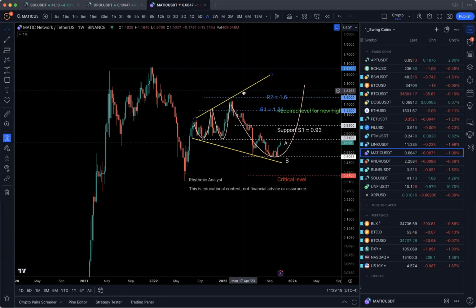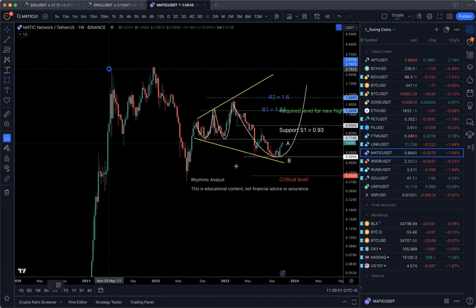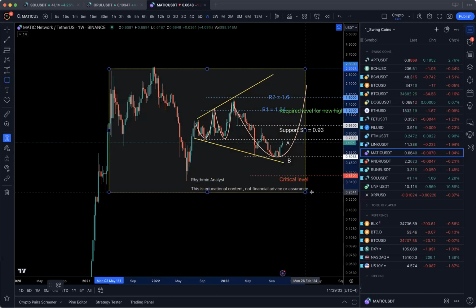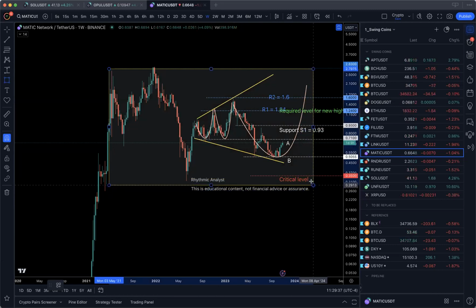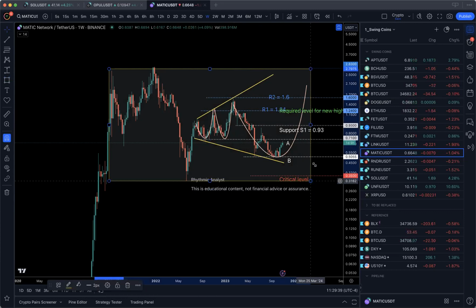Remember how I depicted the consolidation for Filecoin or some other coin? This consolidation is actually much bigger and it encompasses this whole area, to be honest. This is the true consolidation zone for Matic.